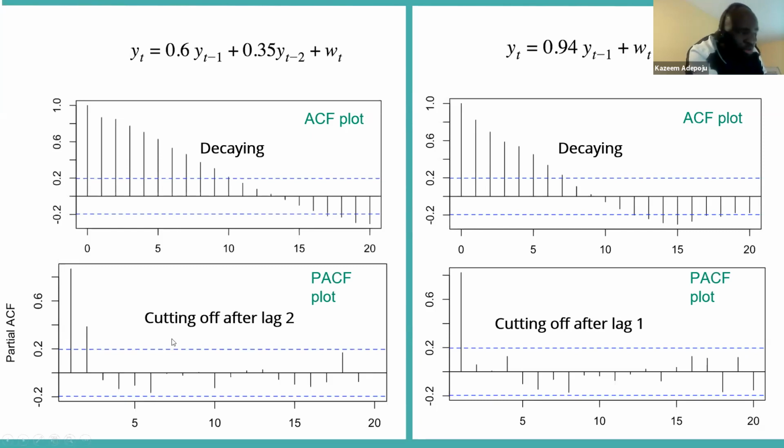But if I want to decide using a partial autocorrelation plot, then for AR2, what happens after lag 2?